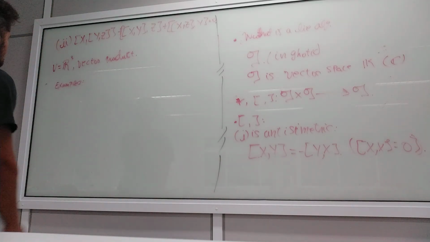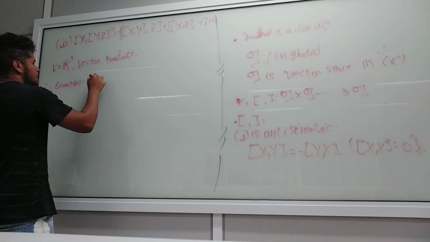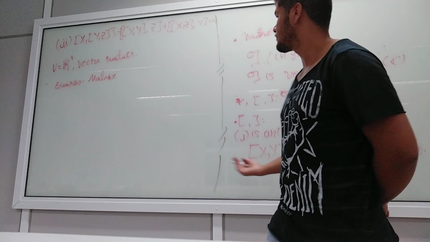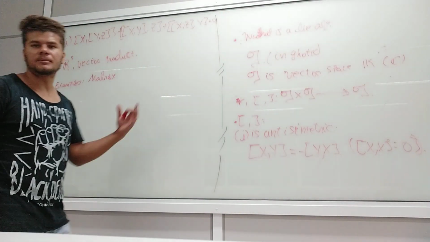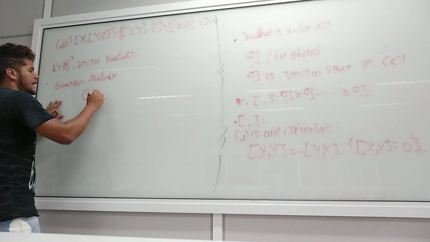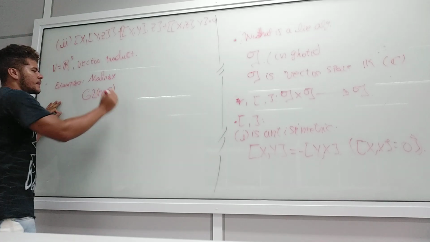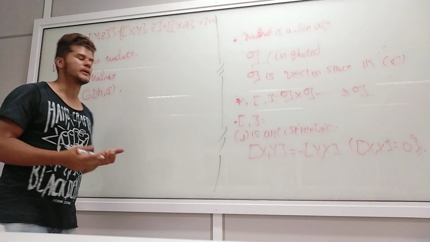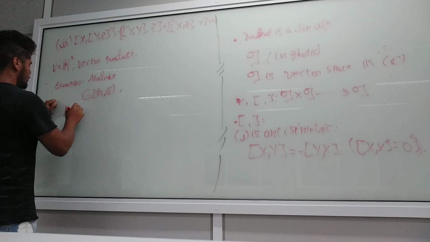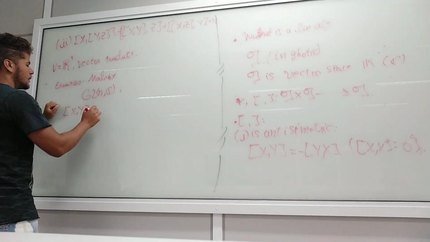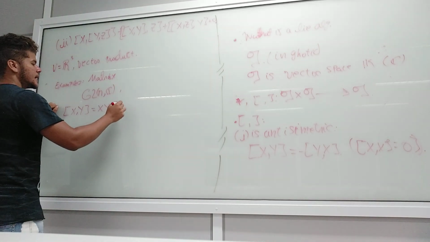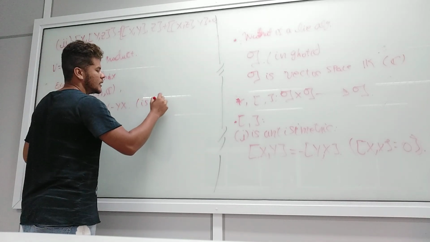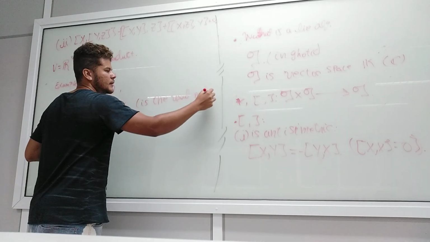This example is a matrix space. The sum and the scalar product that we use on the space GLn over R or over C are the same as we know for the sum and scalar product of matrices. But the Lie bracket we're gonna define by x bracket y equal to x times y minus y times x, where x times y and y times x are the usual matrix products.